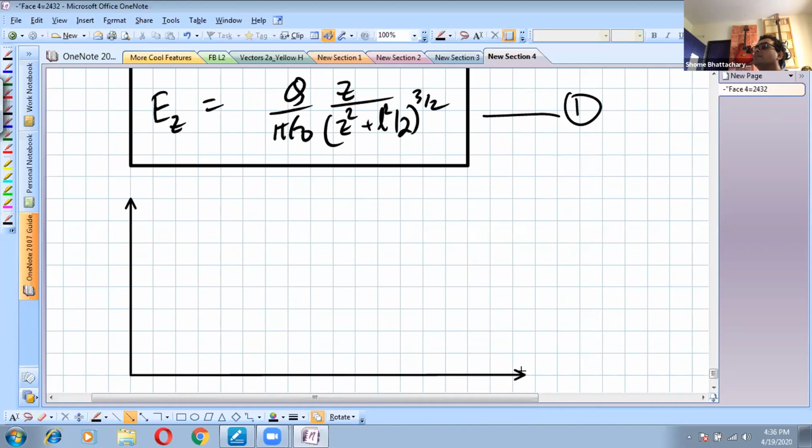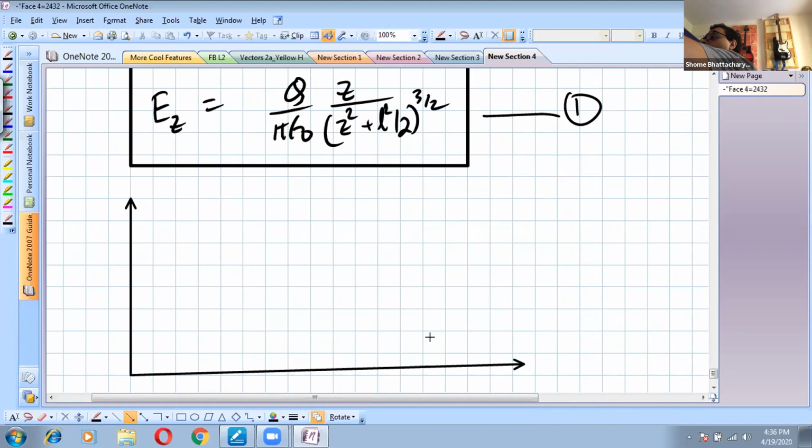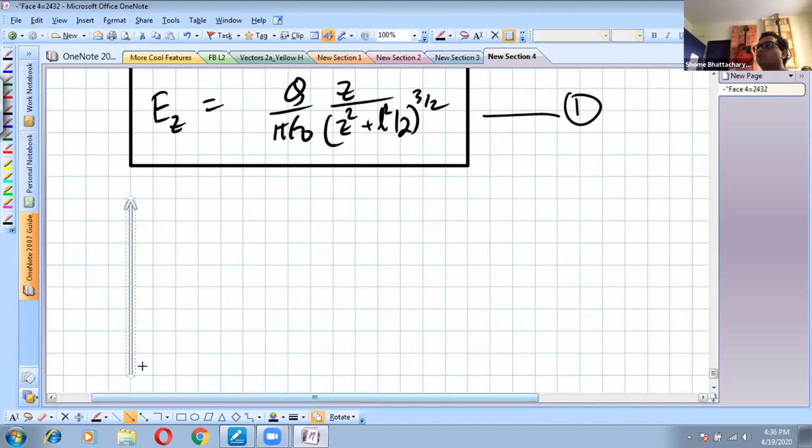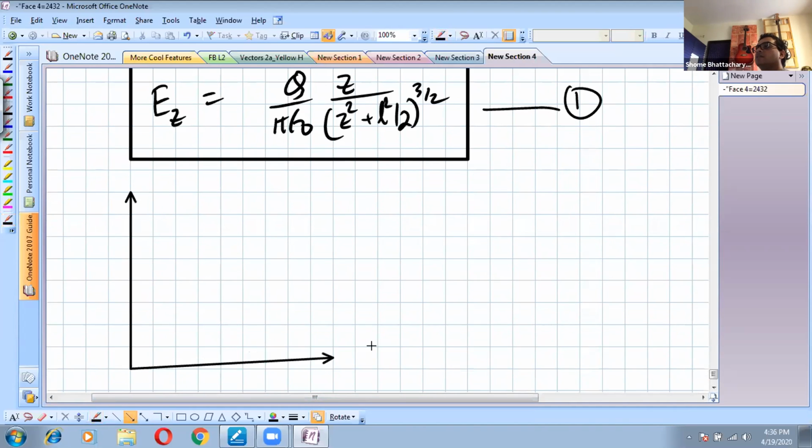But you'll realize here that at z equal to 0. So I'll tell you a trick also. Suppose you don't remember the graph directly, you can still understand the behavior of the graph this way. You're wanting to plot your E, which is basically Ez, versus your z. Now understand the behavior at the two extremes.